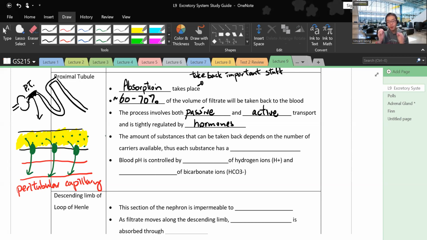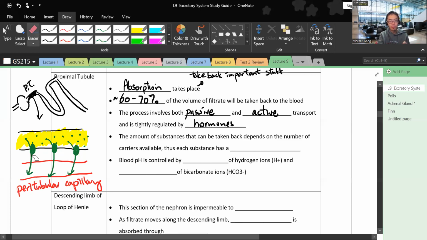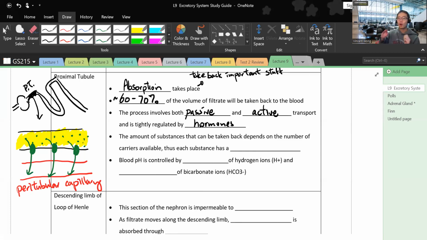So the number of workers, the number of carrier proteins, is not infinite. You only have a fixed amount of these carrier proteins. And if all of them are already working at maximum capacity, if they're all working as fast as they can, and you have too many glucose going by, then what happens, right? You will inevitably lose some of the glucose.